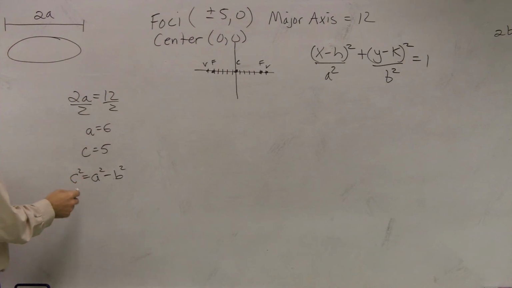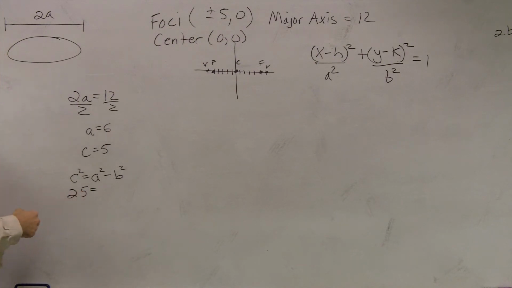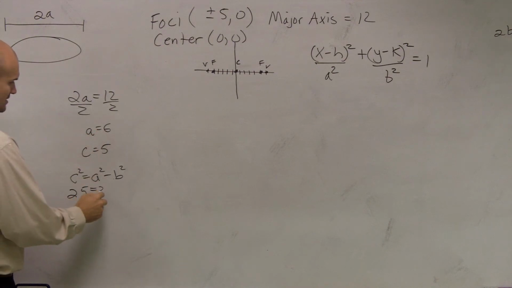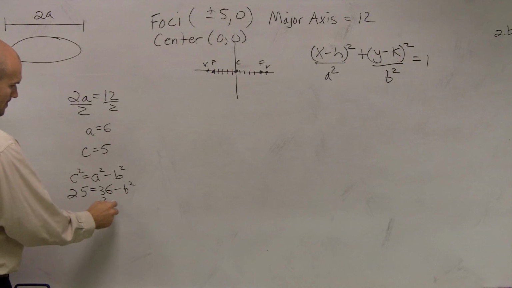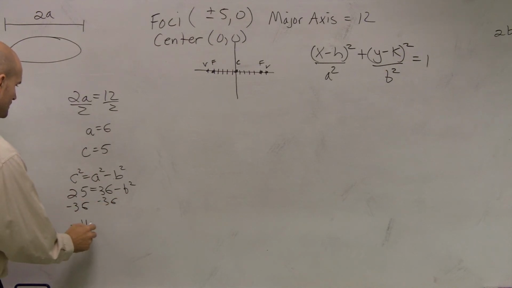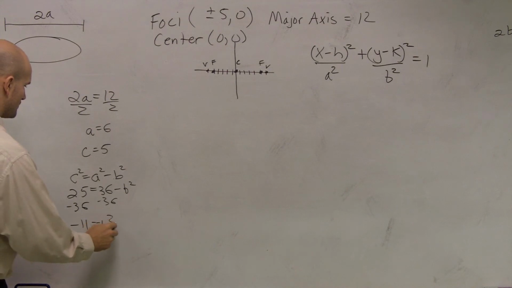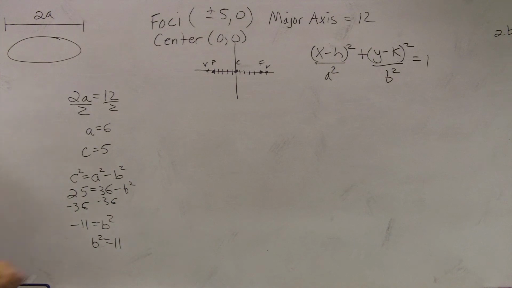So c squared is 25, equals a squared, which is 36, minus b squared. So b squared equals positive 11, as you have a negative 1 there, and we divide by negative 1. So b squared equals 11.